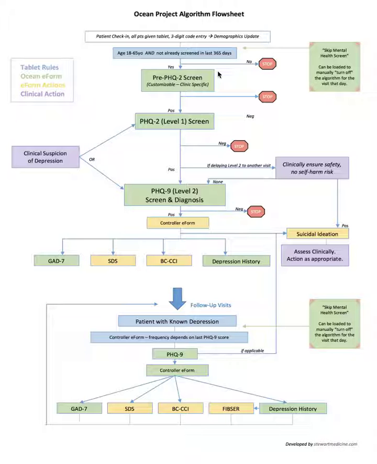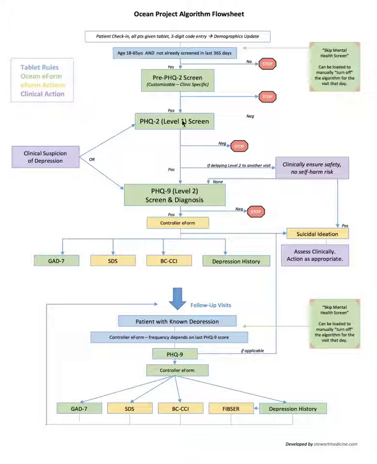So it's useful to target the PHQ-2 to certain risk factors, like chronic pain, drinking more than 14 alcoholic beverages per week, chronic diseases such as COPD, or family history of depression. This pre-PHQ-2 screen asks those questions. If they answer yes to any of them, that's a positive screen, and they progress down to the PHQ-2 screen, which is automatically loaded. But if they don't have any of the risk factors, the algorithm stops and the tablet is returned.